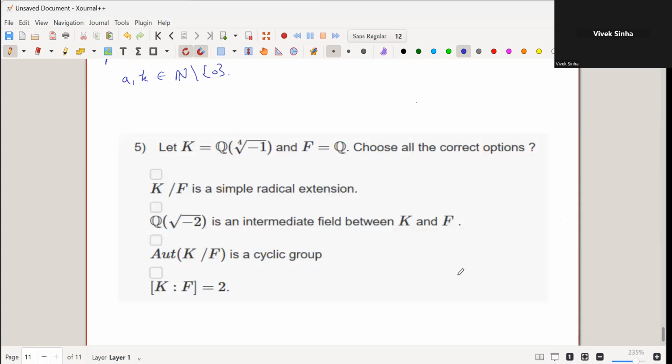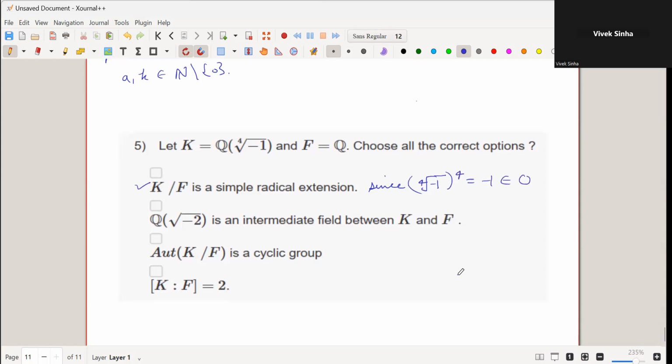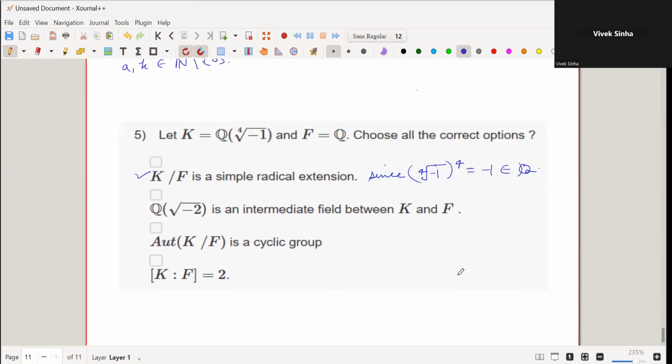So simple radical extension means some power of this is inside Q. So this is correct, since if you take the fourth power of it, then this is -1, which is inside Q. So it's a correct option because some power is inside the base field.